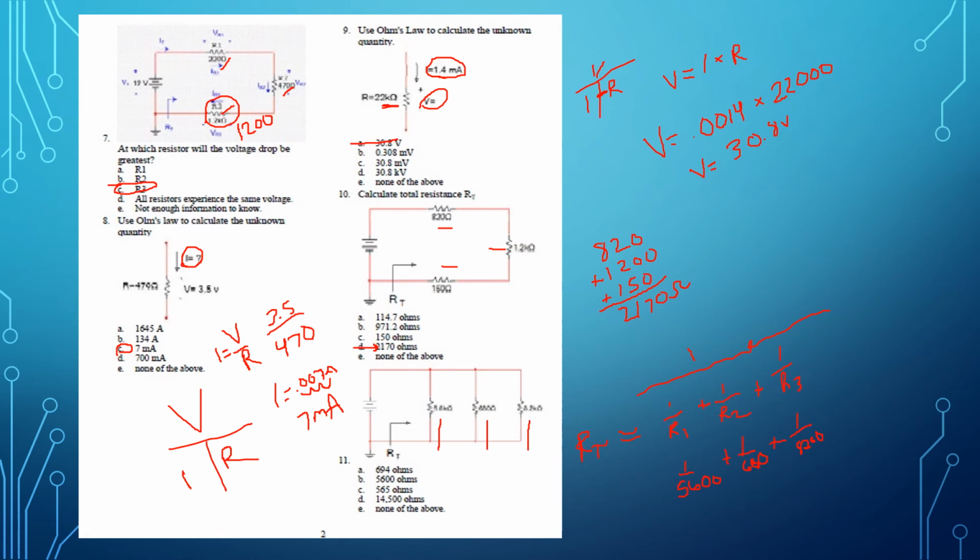So plug it in your calculator, and then don't forget, this is all over 1. Your total resistance is going to be, my calculator says, 564.61 ohms.